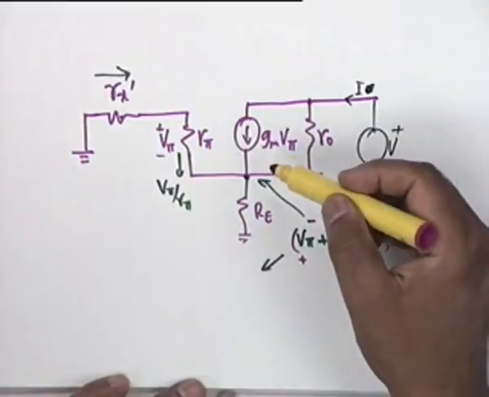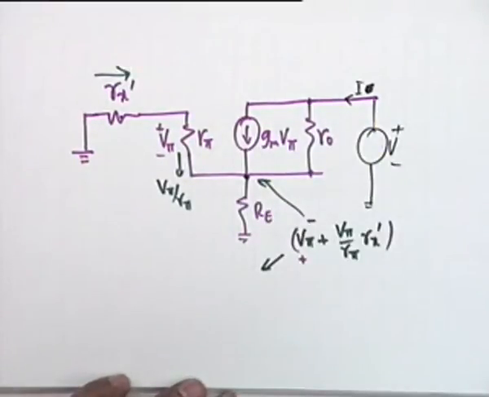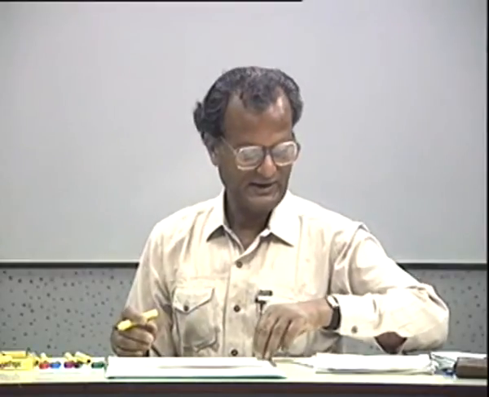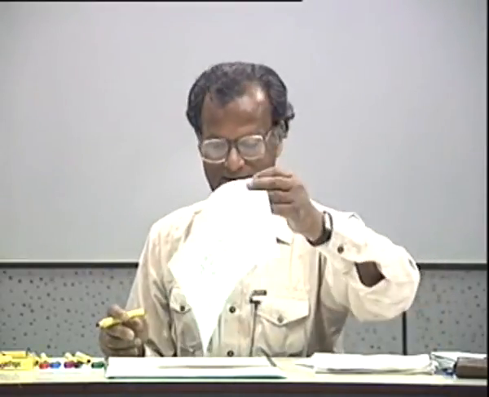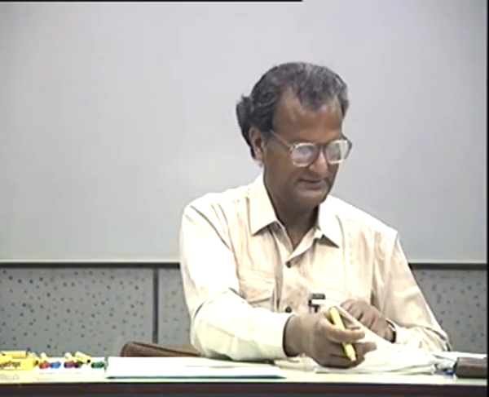That's right. You see, the current through this plus this should also be equal to I. Isn't that right? So just two equations, and then almost by inspection you can write down the expression for the output impedance. I'll simply give you the exact expression and make some comments because the expression is interesting.